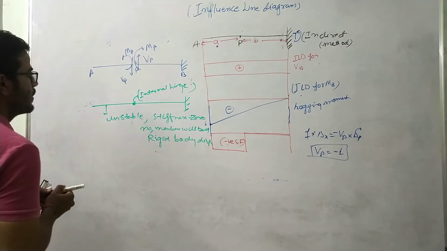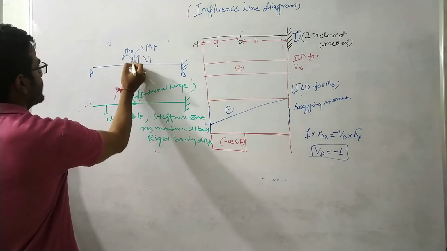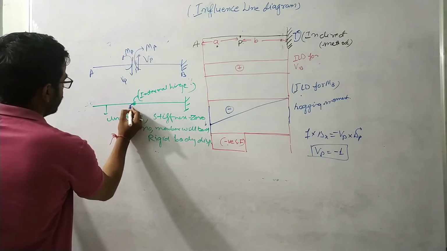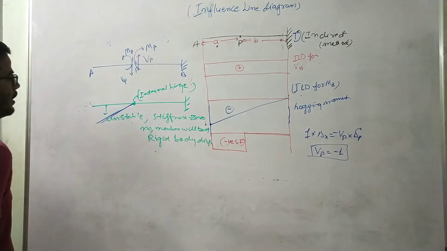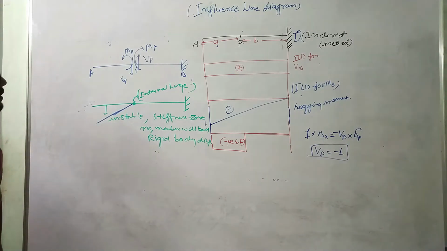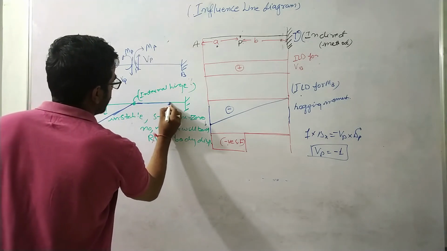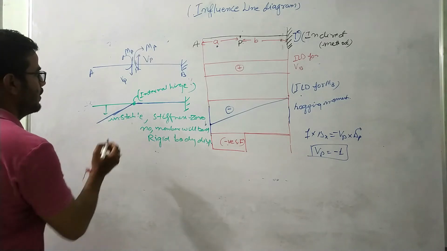in this case. So when we are applying unit deformation along this moment, it will bend like this, it will displace like this, and this portion will remain straight, because member bending is not allowed in this case, member won't bend over here.